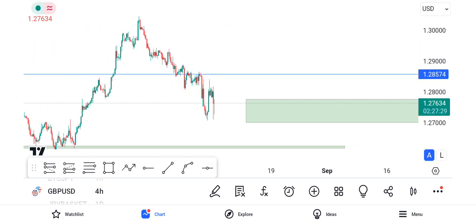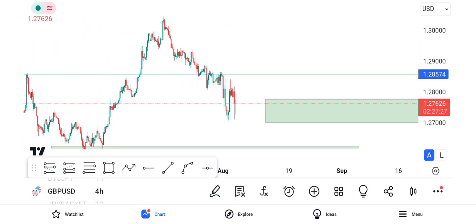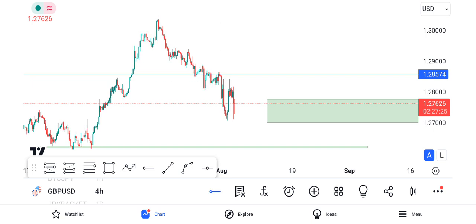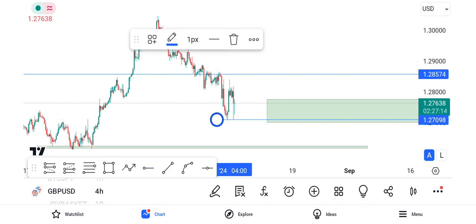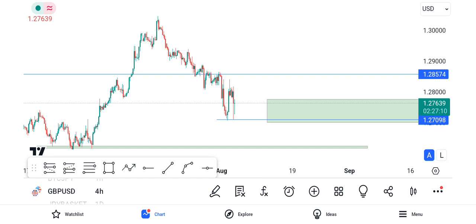And then as you can see right here, price broke the 61.8, then respected it, then it's currently at the 78.6% level, and it's currently respecting that level.